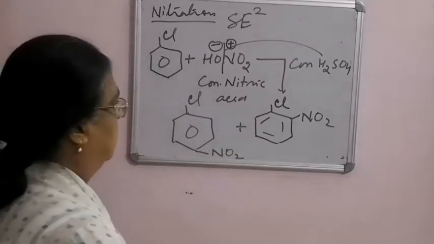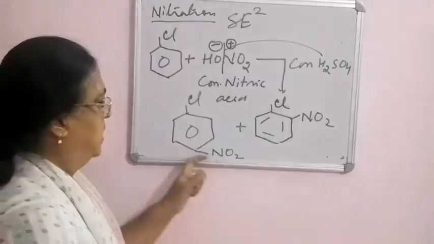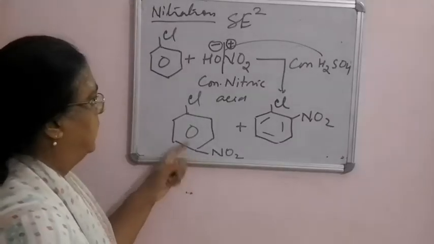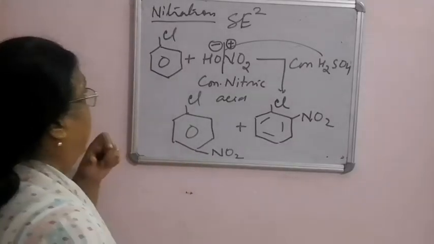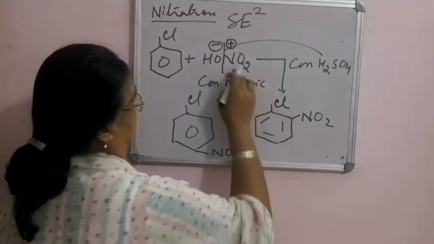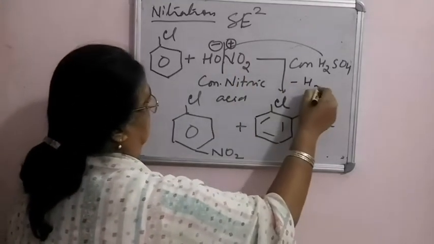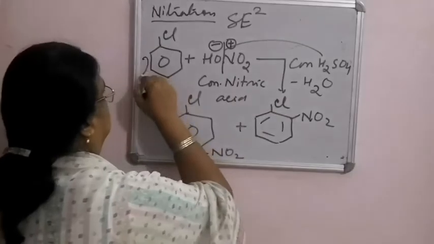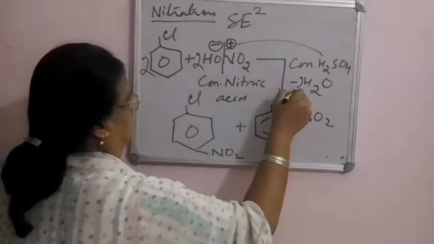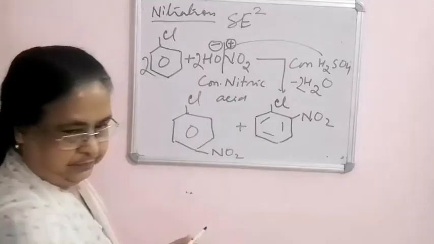So it will be ortho nitrochlorobenzene, this is para nitrochlorobenzene, and one H is out from here and OH will release a water molecule. If balancing you want to do, this is 2, this will be 2.